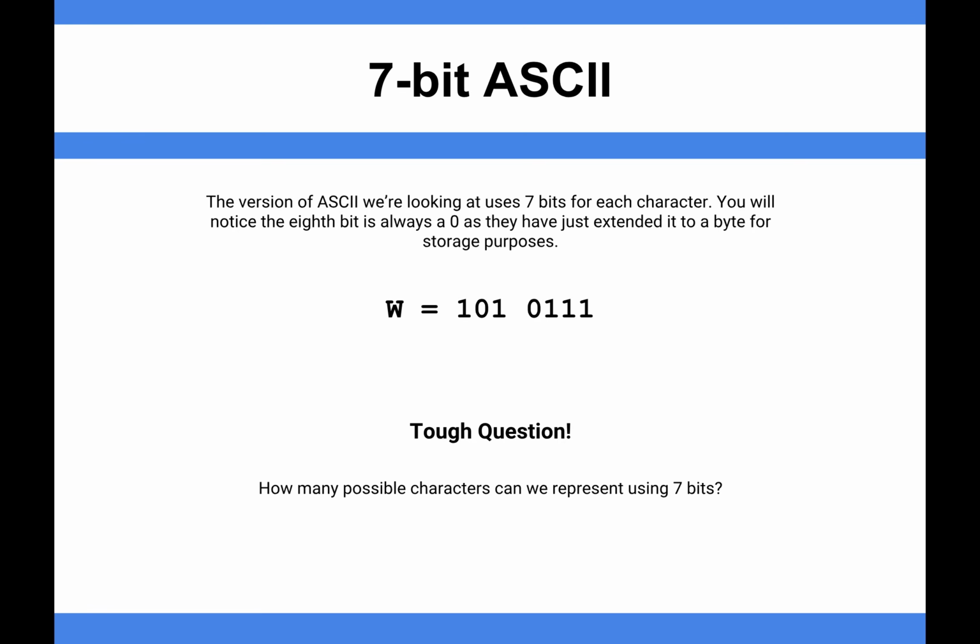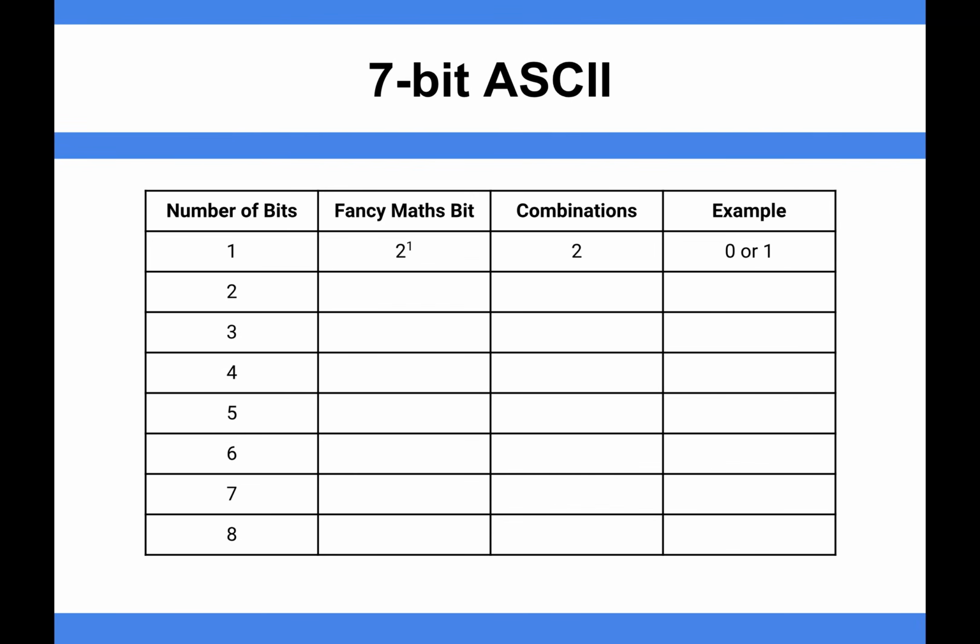Could you think about how many characters we can represent if we've got 7 bits of data? If you think of binary, what is the maximum range of numbers you can represent with 7 bits of data? Well, if I add 1 bit of data, it's 2, because it's a base 2 number system, 2 to the power of 1, which means I've got 2 combinations.